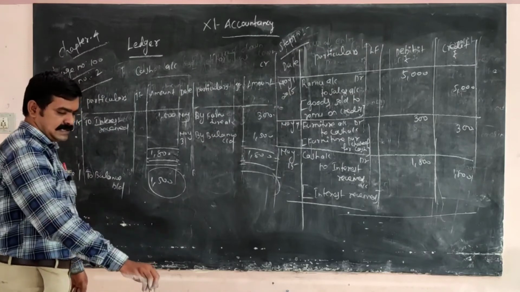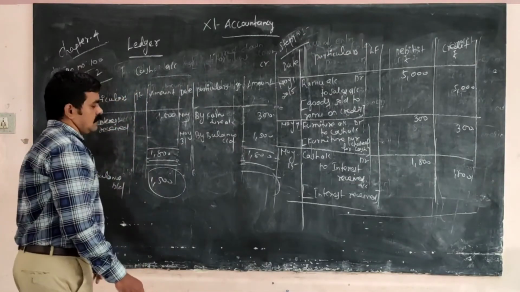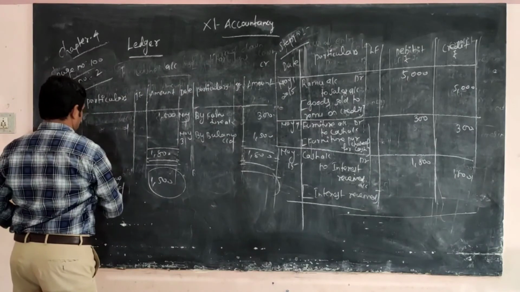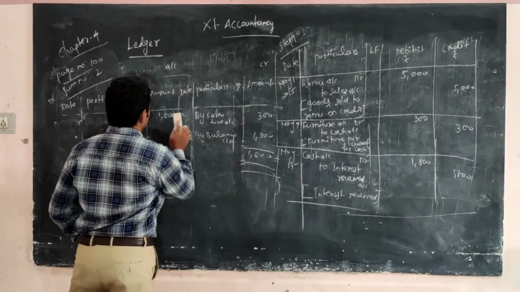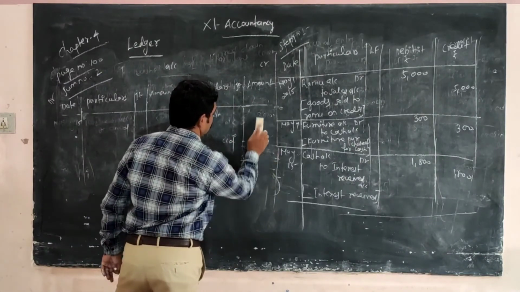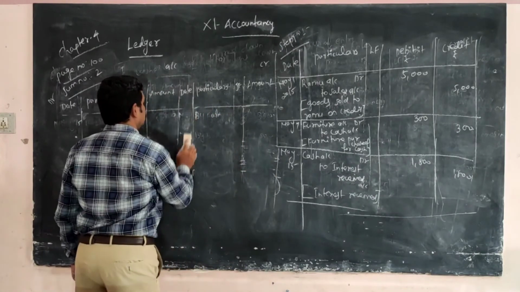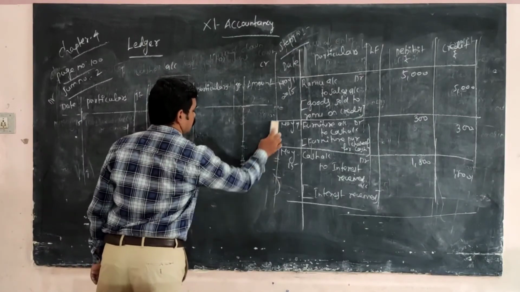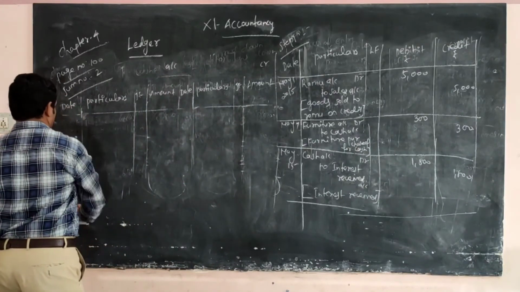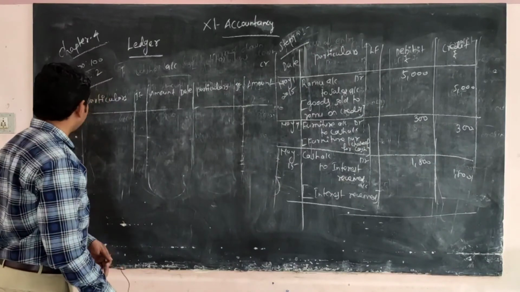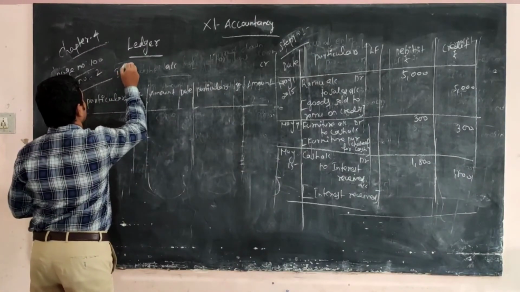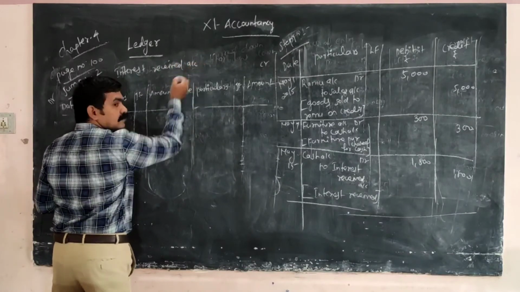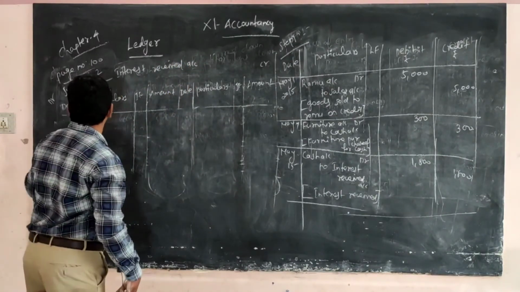Okay, the next one, the last, interest received. So the last transaction, interest received account.